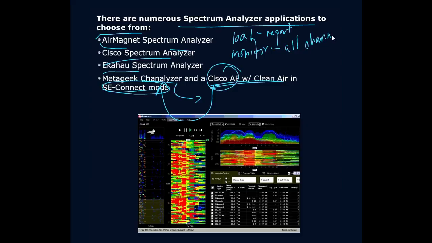But what I'm not doing in these two modes is I am not delivering this information directly to an application. To do that, I need to be in SE mode. SE mode is what allows me to deliver our channel analysis directly to an application.